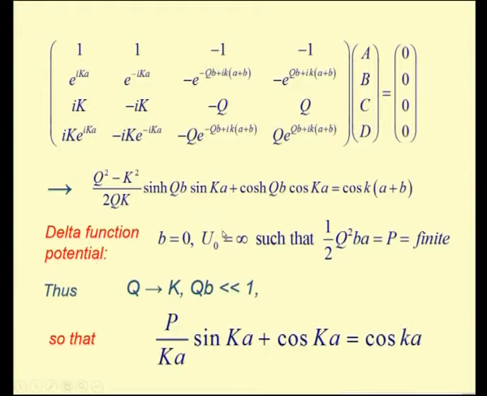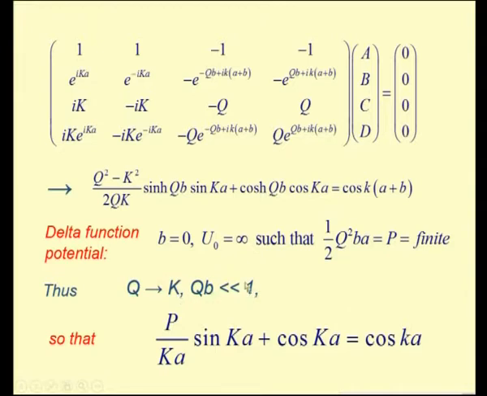Then for simplicity, Kronig and Penney made a further assumption: if the width of the well is decreasing, then the height of the barrier goes to infinity, such that the product of u naught and b remains constant, and hence this factor is also constant, which is called P here. Then there is a limiting case where capital Q goes as capital K for Qb far less than 1.